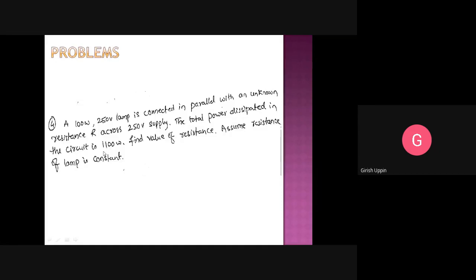When we say total power dissipated in the circuit, that is the power consumed in this lamp as well as this resistor. That is P is equal to 1100 watt. So what is the other equation I can use? P is equal to P1 plus P2. So already you got the hint here. P1 we already know is 100 watt. You don't have to calculate again. So what would be the power consumed in R?